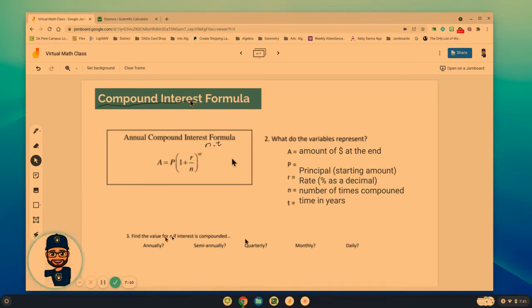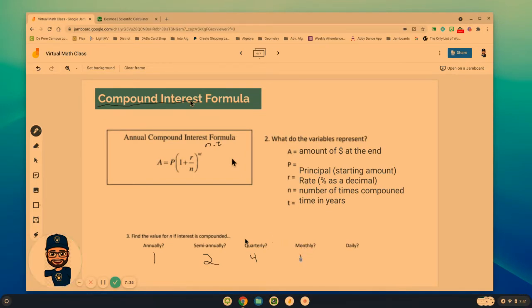So if we look at the values that we might have to use for N, that compounded part, annually means you get the interest once. Semi-annually or biannually means you're going to get that compounded twice. Quarterly means you're going to get it 4 times a year, once for each of the 4 quarters in a year.